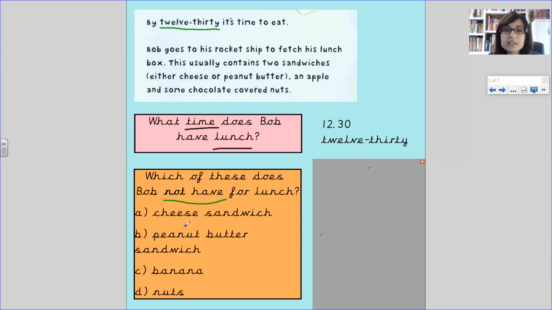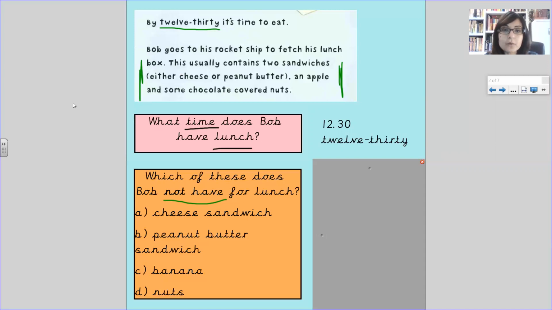Which of these does Bob not have for lunch? So he doesn't have these for lunch. I'm going to go back up and look in this part and read it again. If you'd like to attempt this yourself, you can. You can pause the video here, and on your whiteboard you can write down the option that Bob does not have. If you'd like a little bit of help on where to find the answer, you can carry on watching.